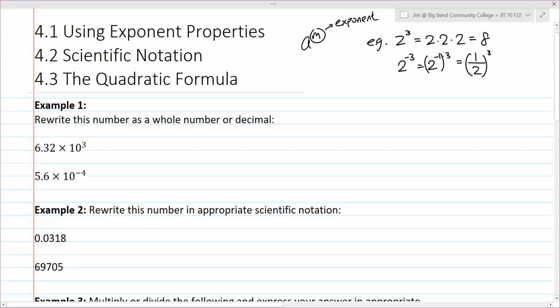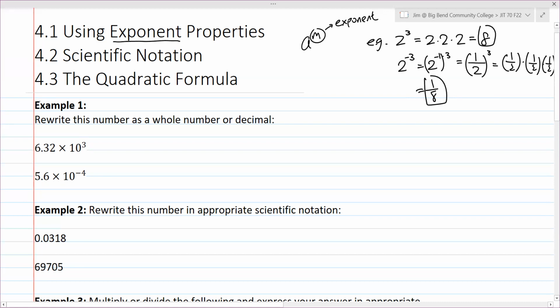The number just ends up staying in the denominator. That's how you work on 1 over 2 to the 3. Again, conceptually, we're multiplying this number 3 times, and that gives us the final answer, which is 1 over 8. 8 versus 1 over 8. All right. That's a quick review of exponents.